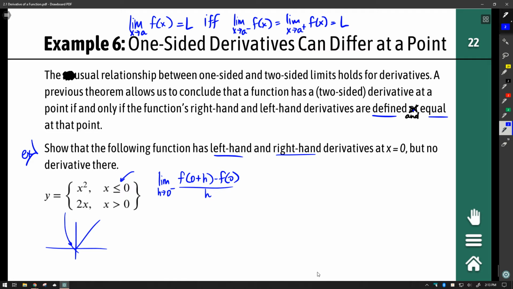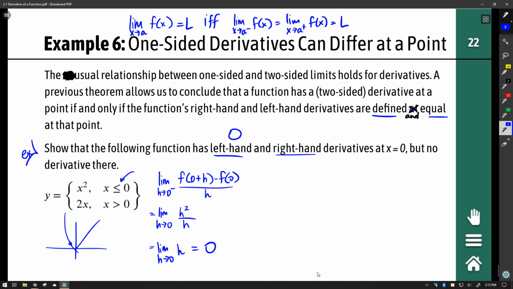Well, if we plug in 0 plus h to the function that exists on the left of 0, then we are looking at what? Well, 0 plus h squared is, well, h squared. So this is the limit as h goes to 0 of h squared over h. Well, this simplifies into a limit as h goes to 0 of just an h, and that, of course, is 0. So the left-hand derivative at 0 is 0.